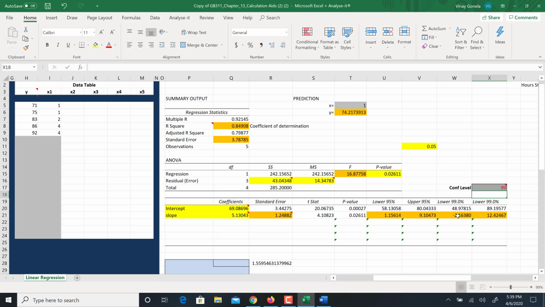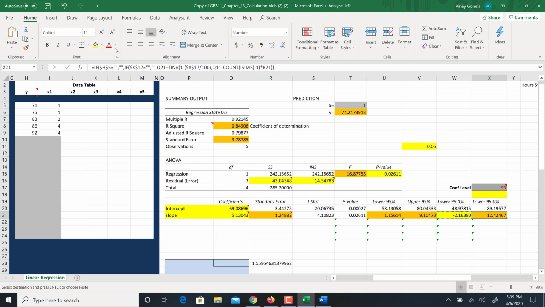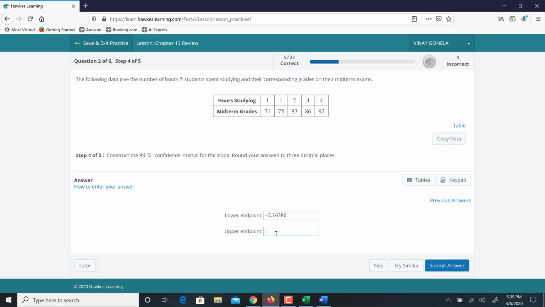Just type 99%, and you will get negative 2.16. So that is this value, negative 2.16. I will copy that and paste it here, and then the upper endpoint would be this one. I will copy that and paste it here.